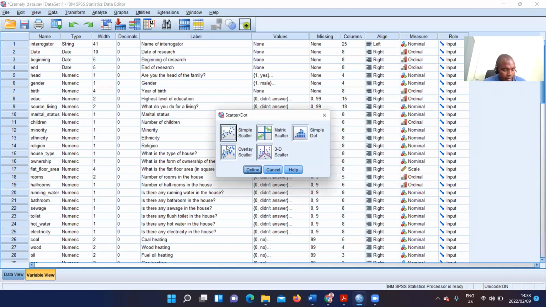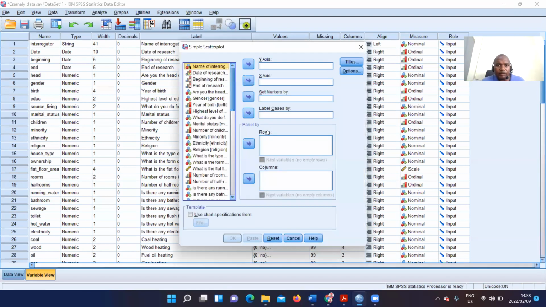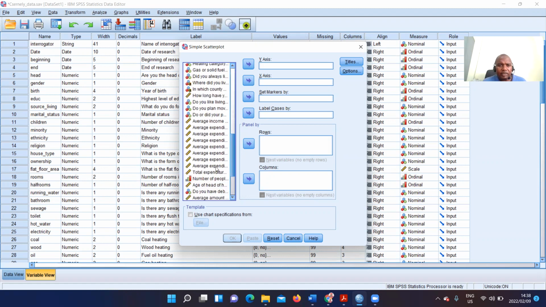We click, and then in scatter dot, we want to do a simple scatter plot. And then we have to define the y-axis. It will be total expenditure in Hungarian forint.